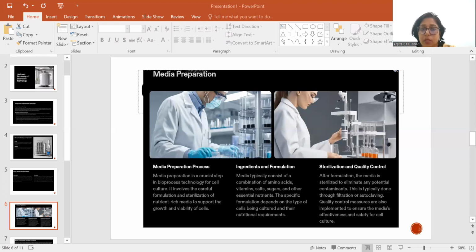That means I would create the media in a manner that the desirable product should be there, and the product which I aim to get at the end should be a stable product. Then I would create the medium in a manner that while making the medium, there should be a minimum amount of problems. If suppose I am handling a medium which is very sticky, which sticks to the surface, then it is difficult to remove or difficult to clean.